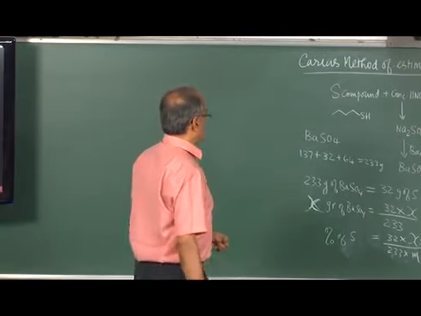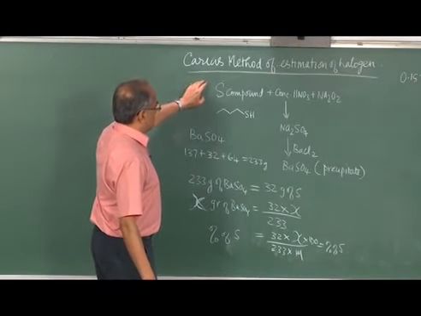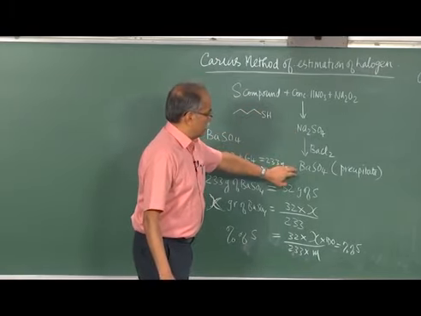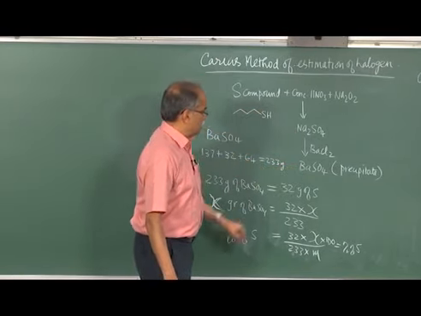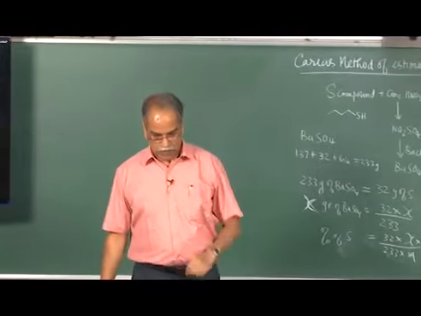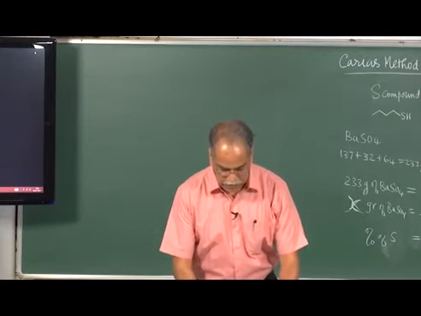Similarly, for sulphur, it is estimation of sulphur using the conversion of the sulphur compound into sodium sulphate and finally to barium sulphate, which is a precipitate. From the amount of barium sulphate precipitate that is obtained, one can estimate the amount of sulphur that is present in the organic compound. With this, we conclude this lecture.